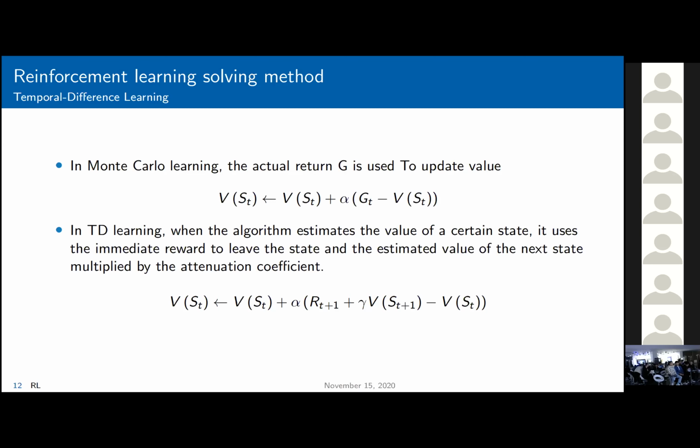Because when TD calculates the value, it is calculated based on the current state and the next state, there is a bias, but the variance is small. In contrast, the Monte Carlo method is unbiased, but the variance is large.